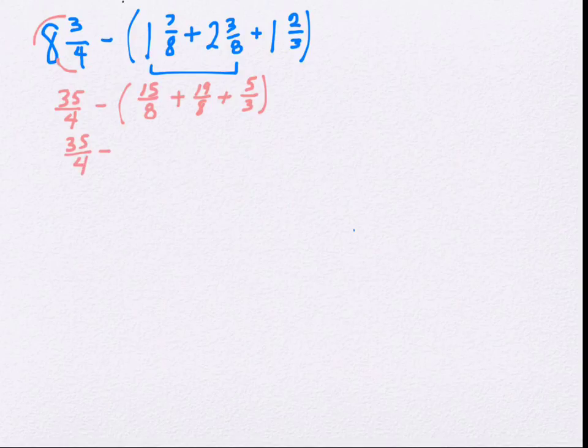So 15 plus 19. 34 over 8, and hopefully at that point you notice, oh yeah, those reduce, right? They reduce because they're both divisible by 2. Let me fix it. Perfect, thanks.